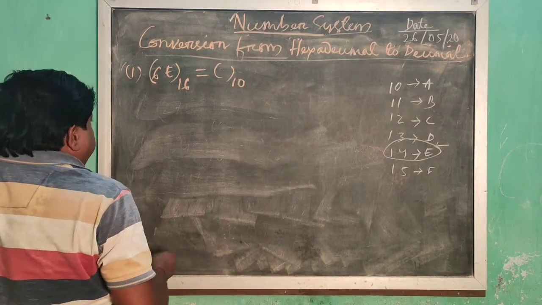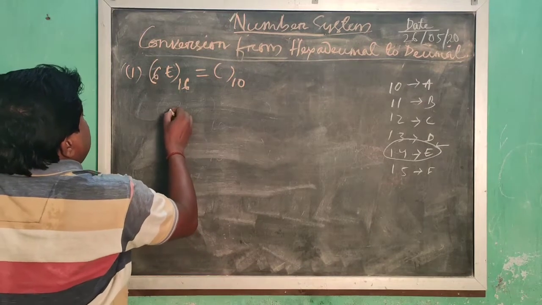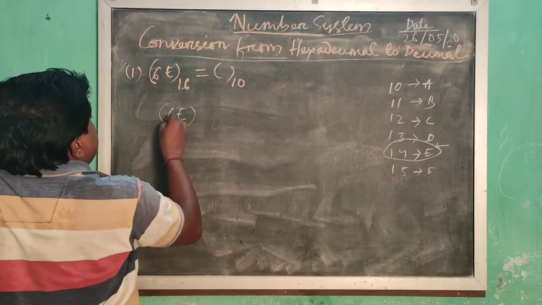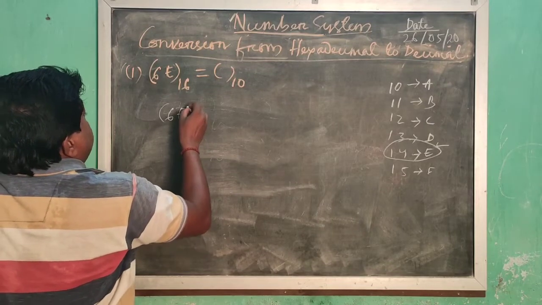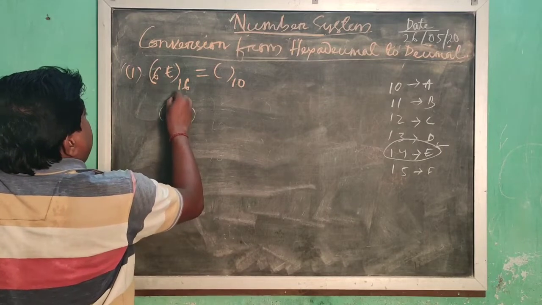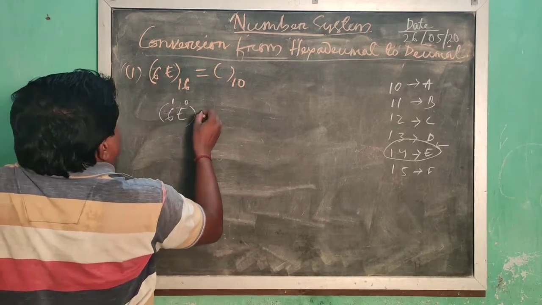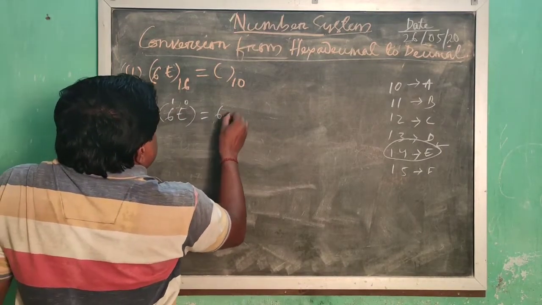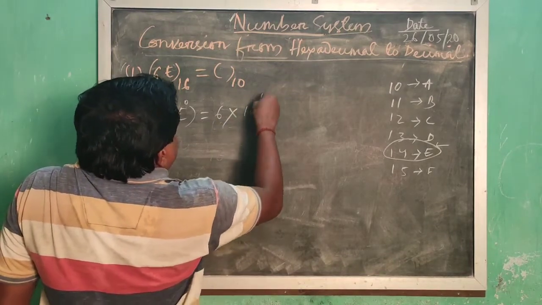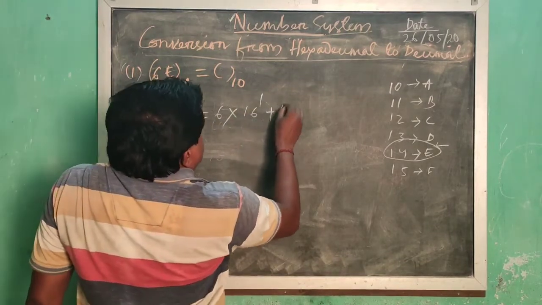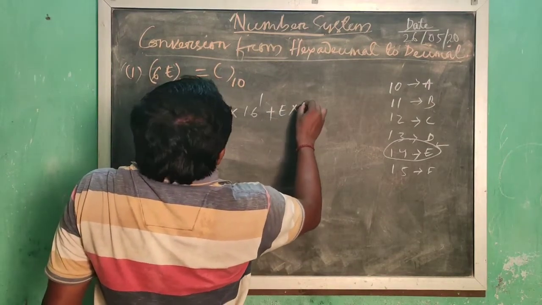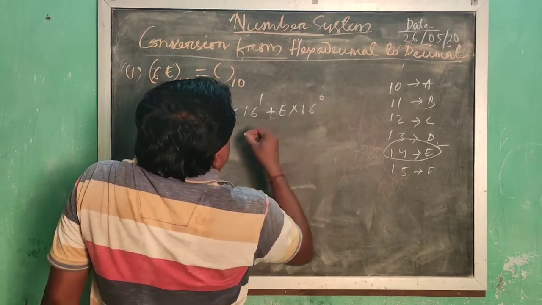Similarly, you write the number 6E, then you put the place values from right to left, beginning from 0, so 0, 1. Then you write digit times base of hexadecimal to the power of place value, plus digit times base to the power of place value.